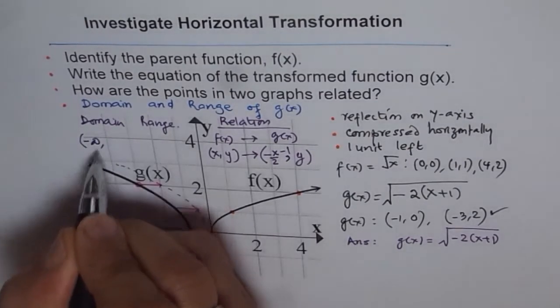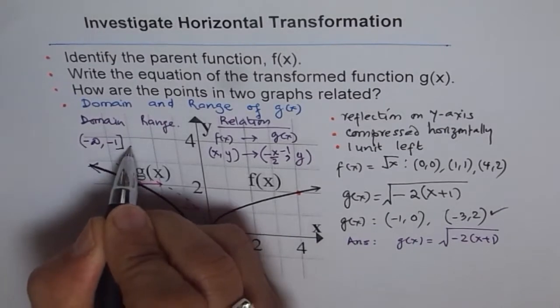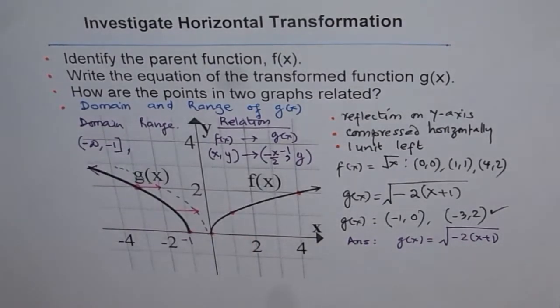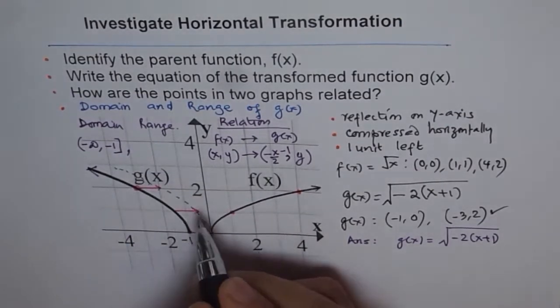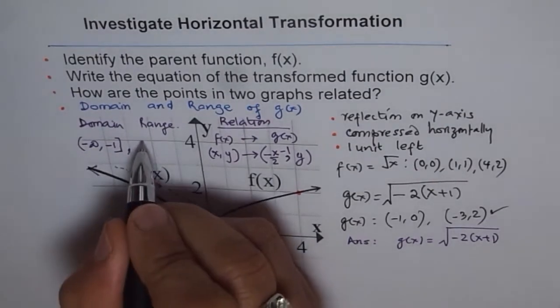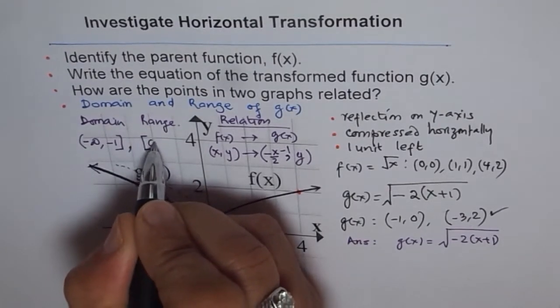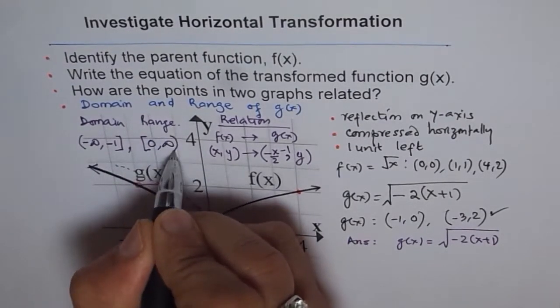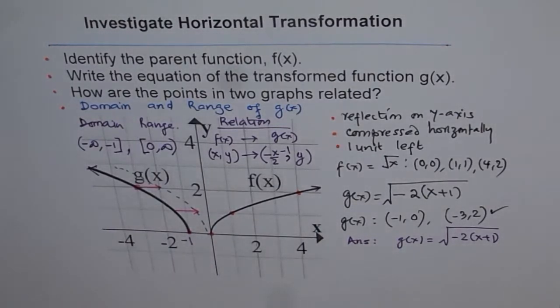So you write (-infinity, -1], and this bracket shows that the point is included. As far as the range is concerned, it is greater than or equal to 0, where 0 is included, and plus infinity, which you can never include. So that is another way of writing your domain and range, right?